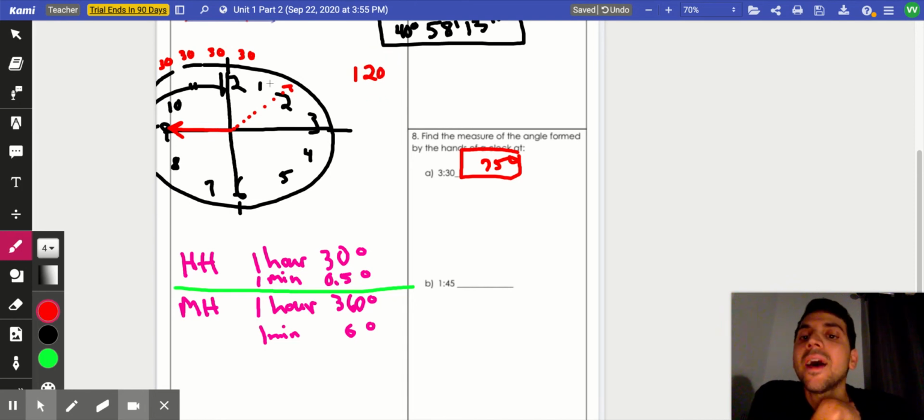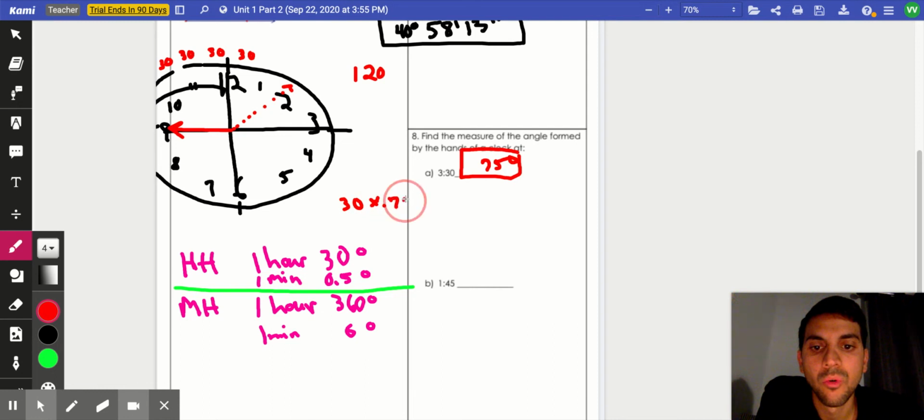Now we need to find out how much time has elapsed from 1 to 2. So we said the small hand, in an hour it's 30 degrees, but it didn't move an hour. It moved 3/4 of an hour. 45 is 3/4 of an hour. So you can take 30 times 3/4, or just 0.75.